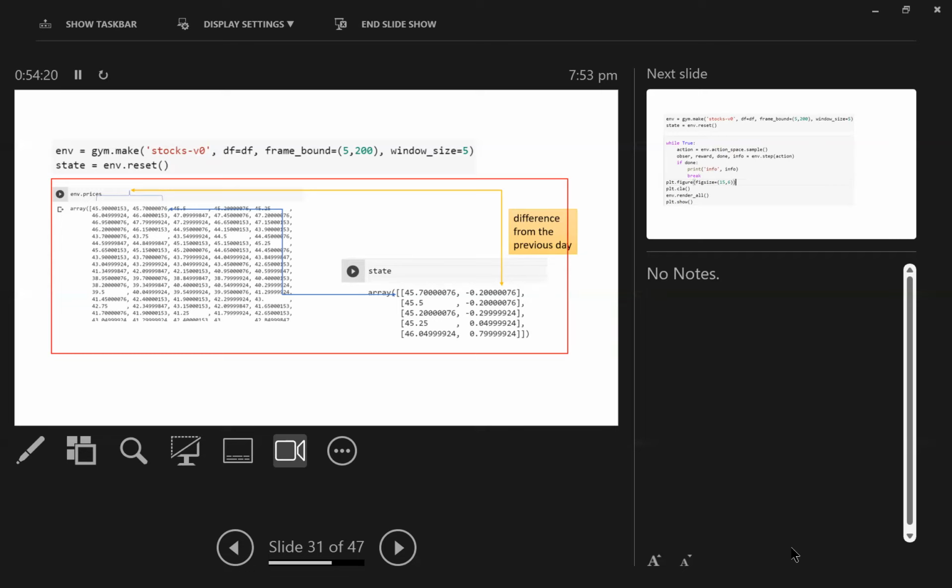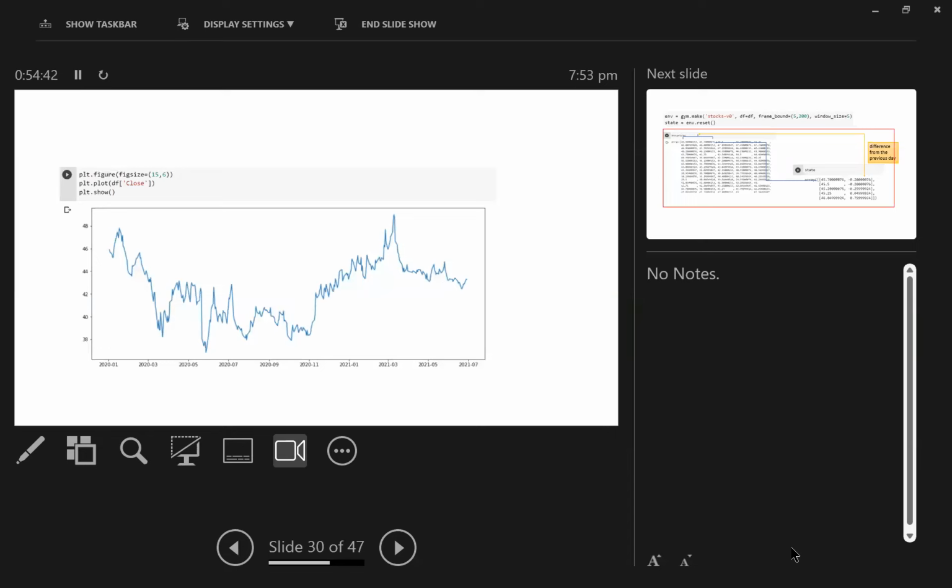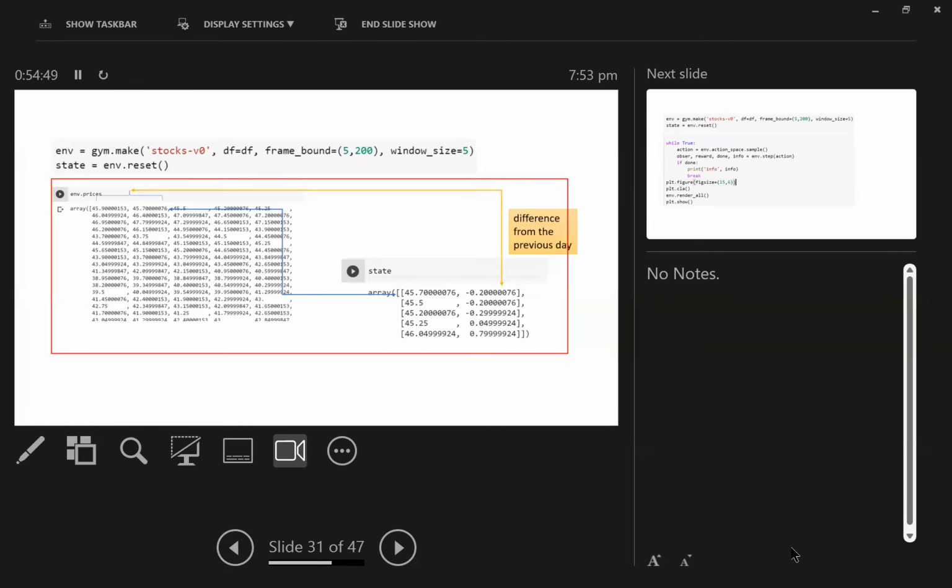Now the frame bound. Basically, the frame bound means that the environment will only work on the first 200 stock prices. So even though there's a lot of stock prices here, maybe 500 or something, we'll only work on 200 stock prices in the environment.